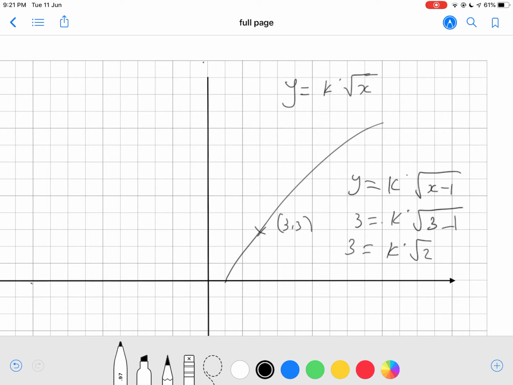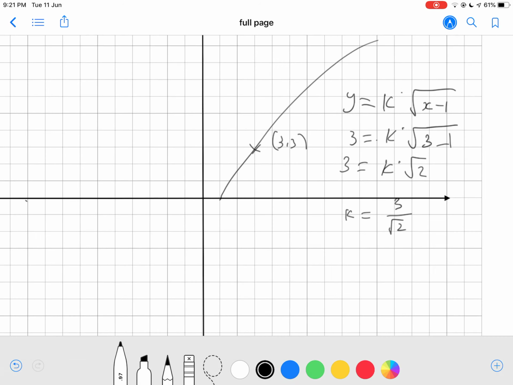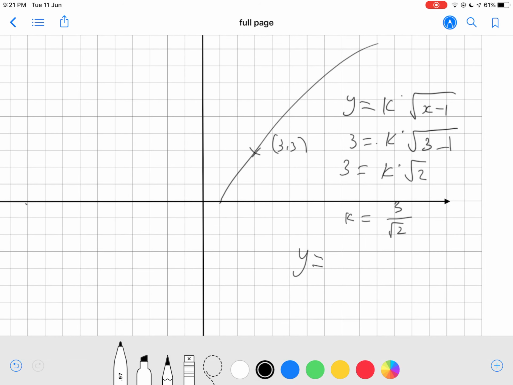So k must be equal to 3 divided by square root of 2. So therefore our equation would be y equals 3 divided by square root of 2 times square root of x minus 1.